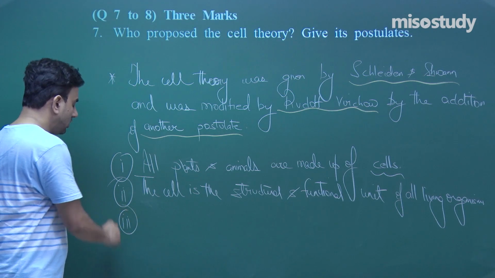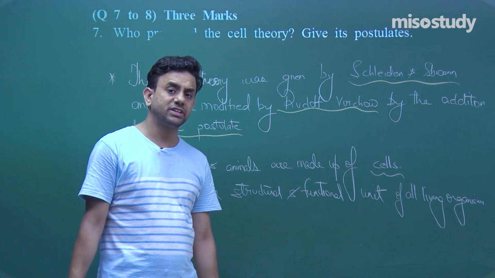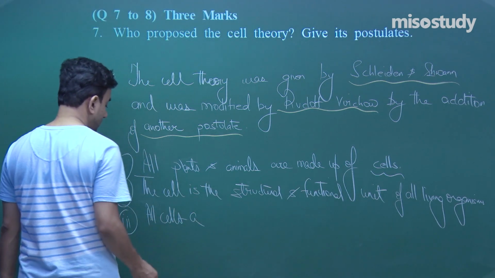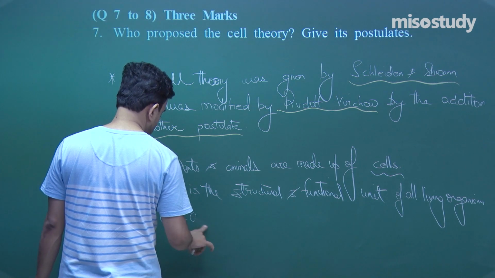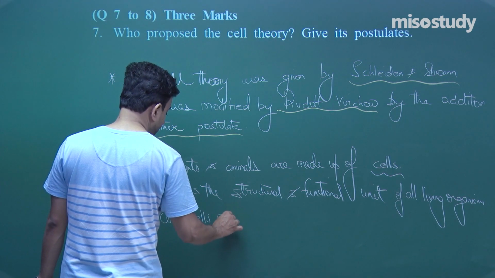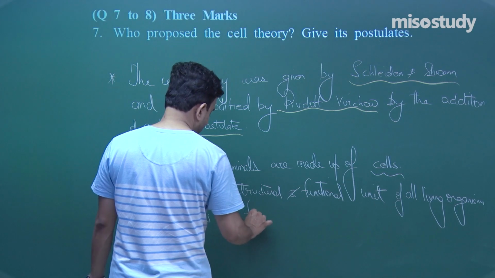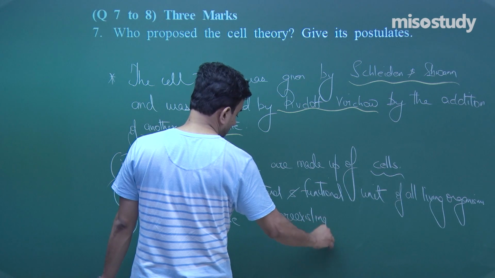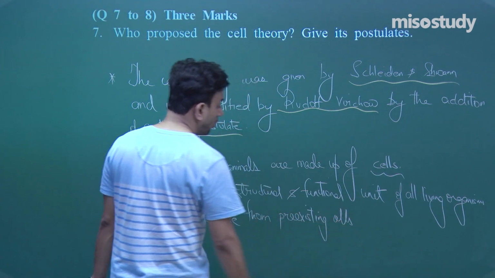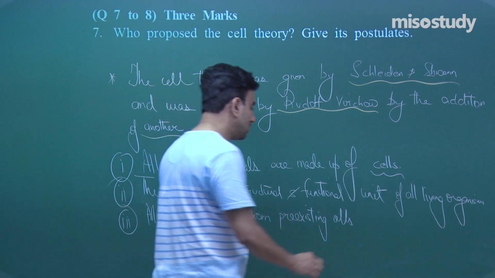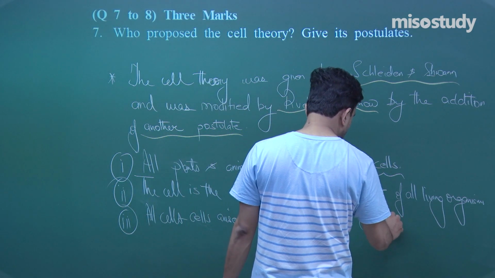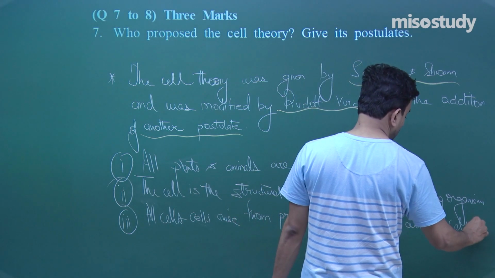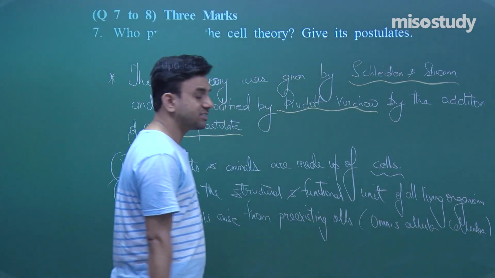And thirdly, all cells arise from pre-existing cells, which is called omnis cellula cellulae.